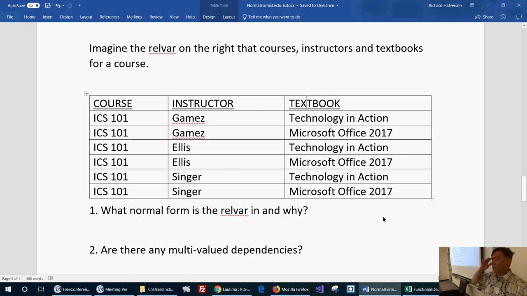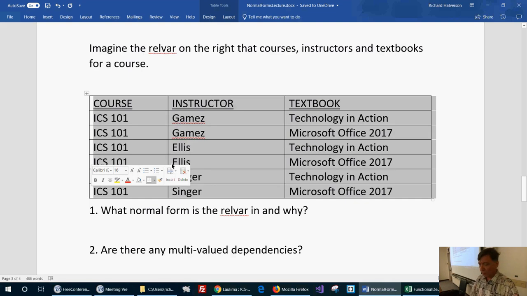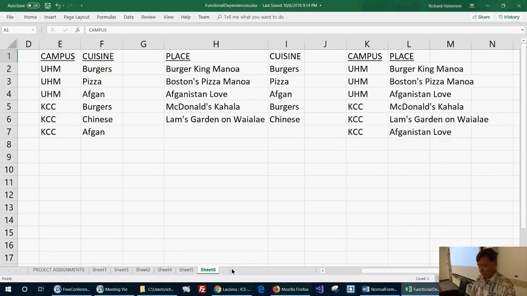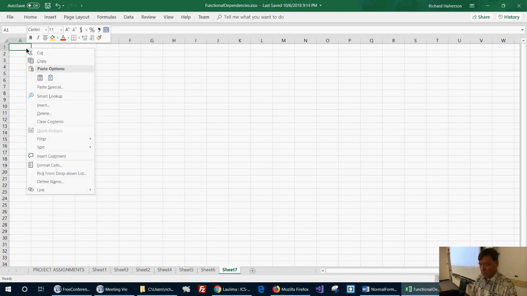So the way to get it into fourth normal form is you got to get rid of this multi-valued dependency. It's in one table. We've got course determining this, and we've got course determining this. So you got to split it out into separate tables.